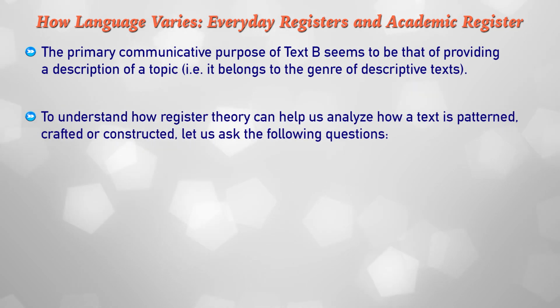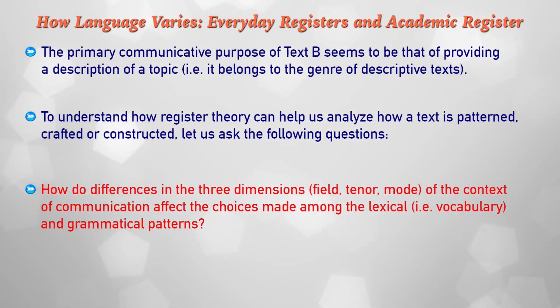To understand how register theory can help us analyze how a text is patterned and crafted or constructed, let us ask the following questions. How do differences in the three dimensions, field, tenor, and mode, of the context of communication affect the choices made among the lexical, that is vocabulary, and grammatical patterns?